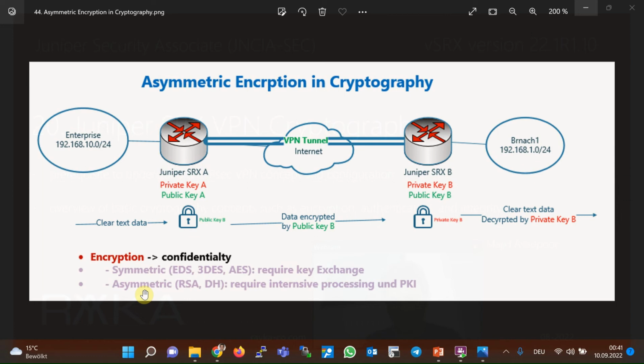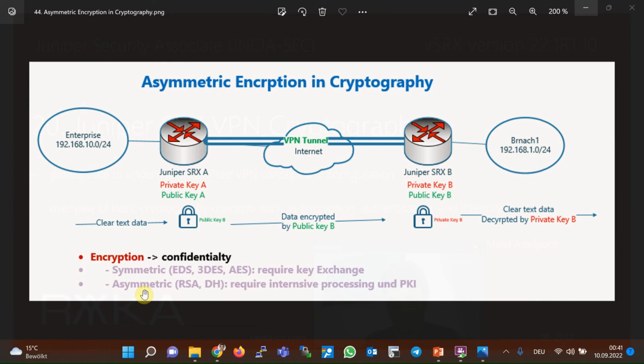Asymmetric encryption is not typically used to encrypt large amounts of data, but rather to encrypt small pieces of data due to efficiency issues. The most common applications of asymmetric encryption are key exchange and digital signature, which we will talk about in a few minutes.